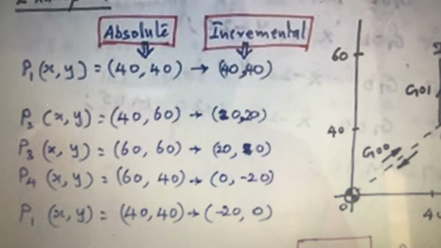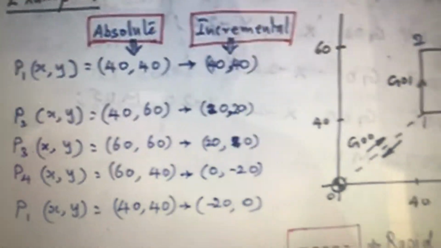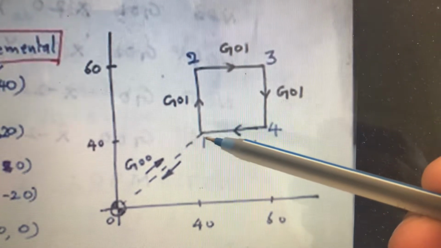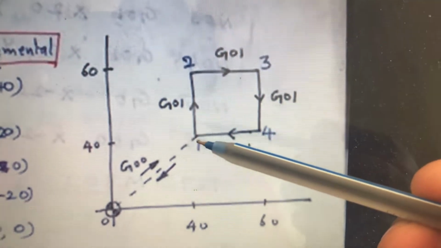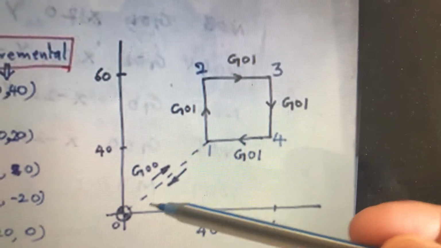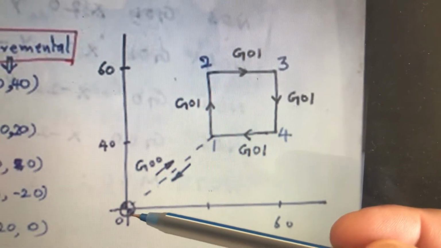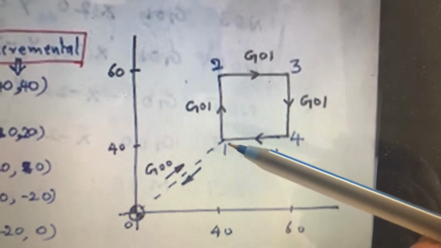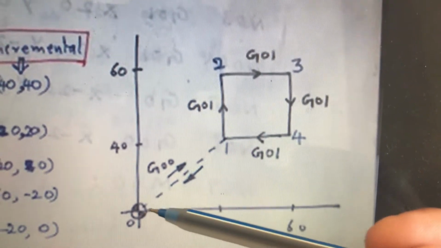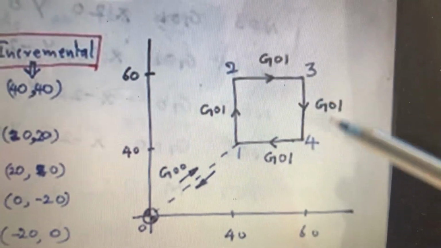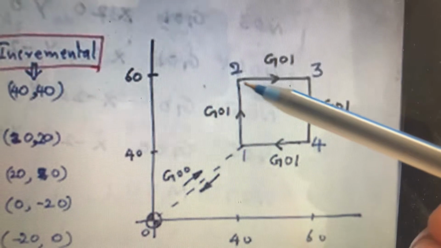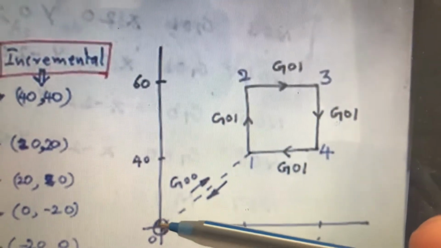Now, the absolute coordinate system is a system where the coordinate values, say the value of xy at point 1, is measured from the fixed origin 0, 0. Similarly, with all points, the value of xy at point 2 is also measured from 0, 0.